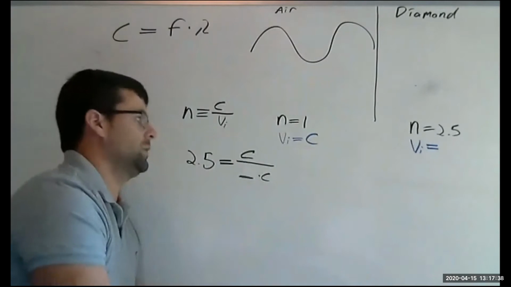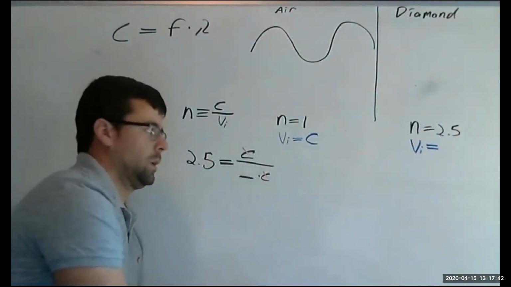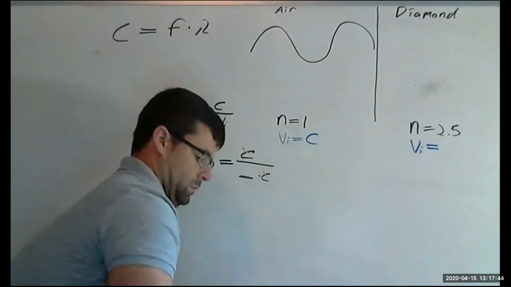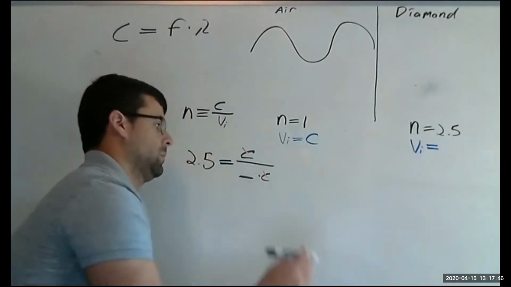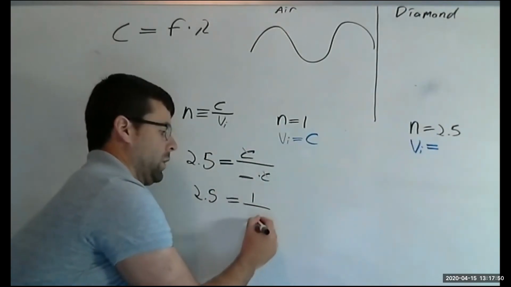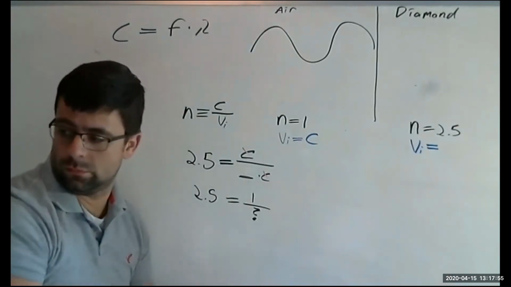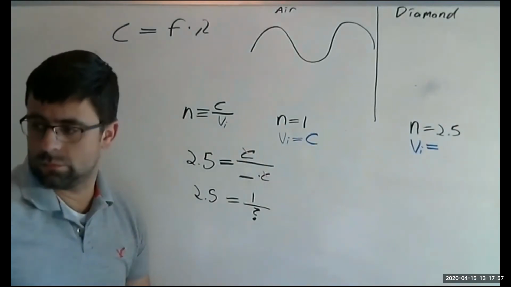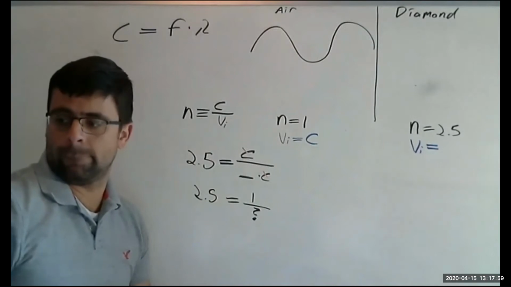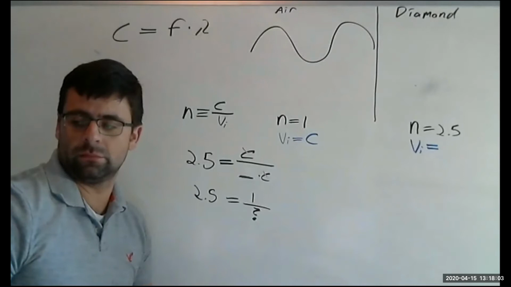So the first thing you notice is the c's cancel. So 2.5 equals 1 over what? One over 0 is undefined.